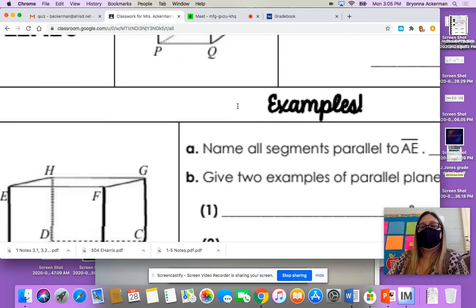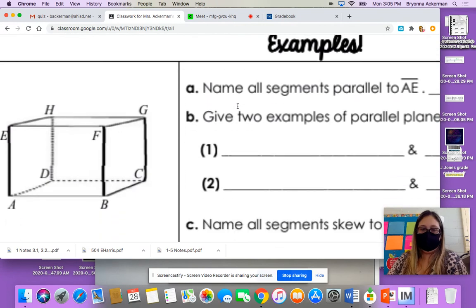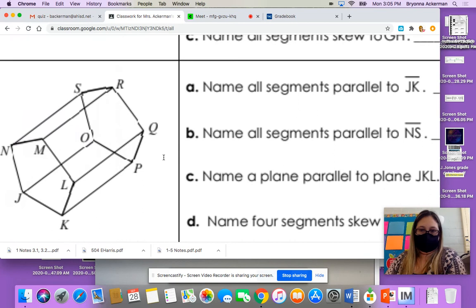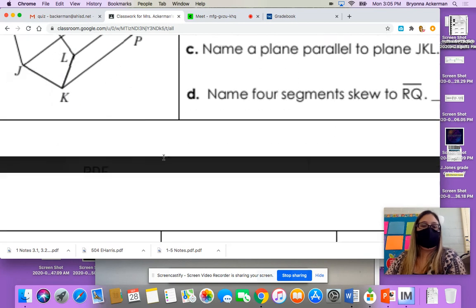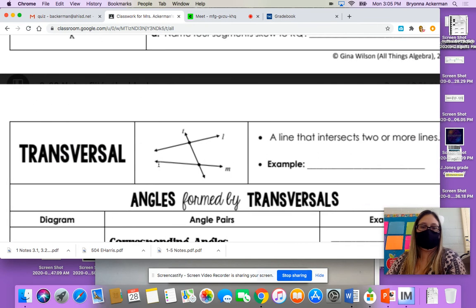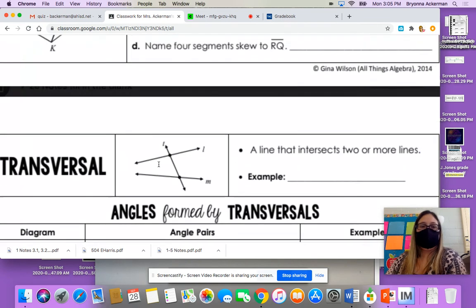Okay, so we can do some more examples. I'll post the key of this so you can see more examples. But these are just three definitions, okay? It's really the second page that's going to take me longer, so I'm going to start the second page, okay?